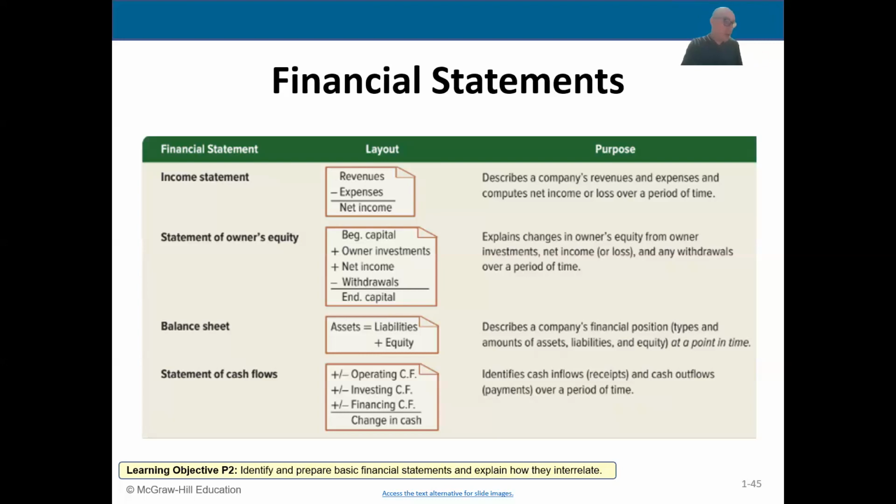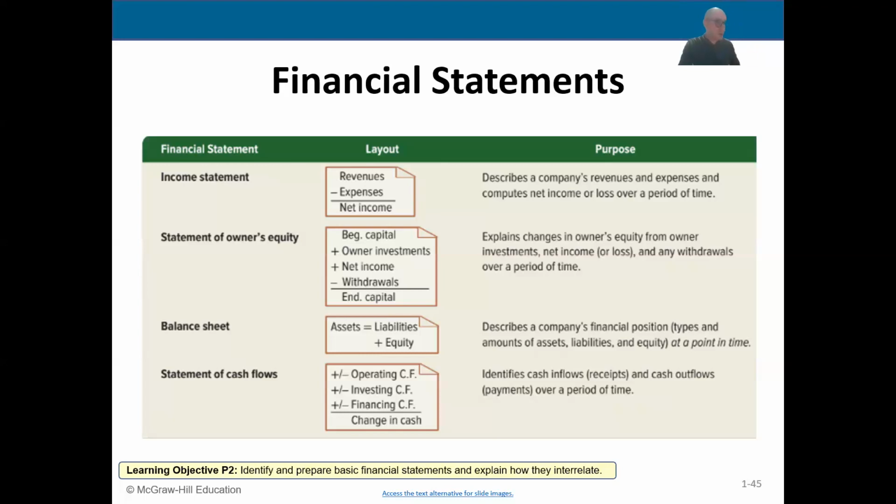And then we create what's called the statement of cash flows. The statement of cash flows represents the flow of physical cash coming into and out of the business for three different categories. We have operating cash flows, investing cash flows, and financing cash flows.